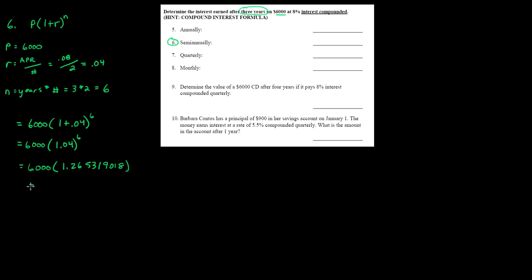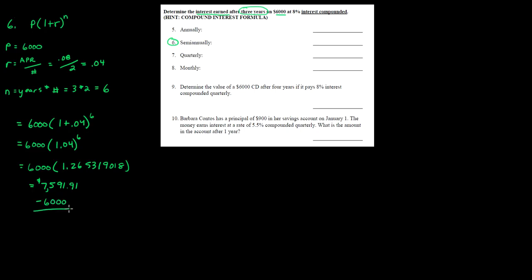The question is, do I need to put all of that? Well, if you want to get the right answer, you don't round anything until the final answer. So yes, you will. Then I go 6,000 times that, and when I multiply these two together, I get $7,591.91. Now, that's not actually the answer, because the answer is what is the interest earned. This is the amount that's in the account. So I have to subtract the original investment.